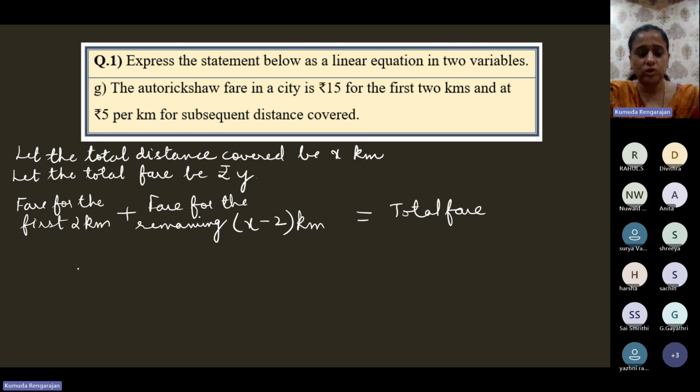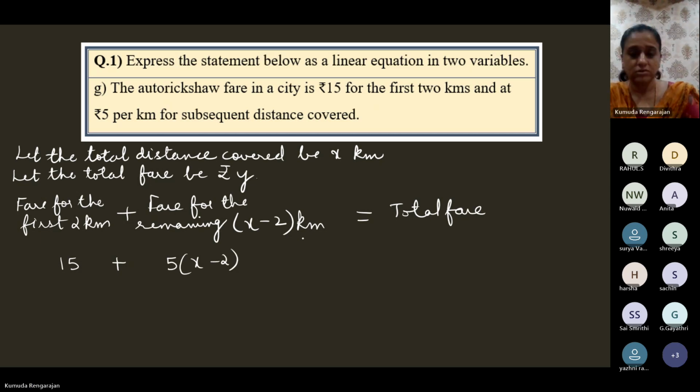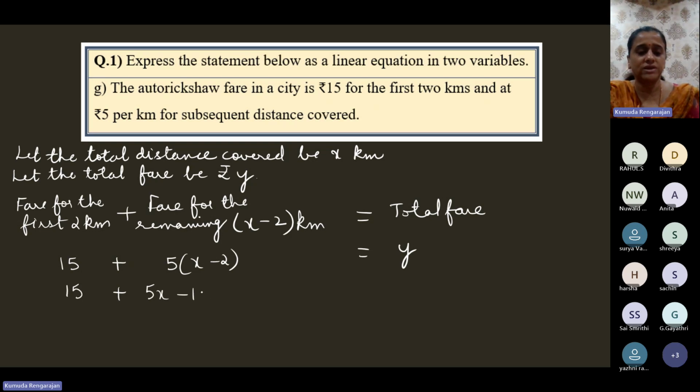So fare for the first 2 kilometers, 15 rupees, plus 1 kilometer, 5 rupees. x minus 2 kilometers, 5 into x minus 2 is equal to the total fare, y. So 15 plus 5x minus 10 is equal to y. When you take everything on one side, 5x minus y plus 5 is equal to 0 is the required equation.